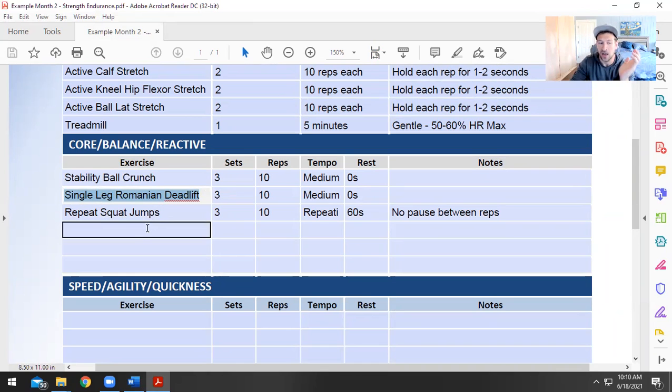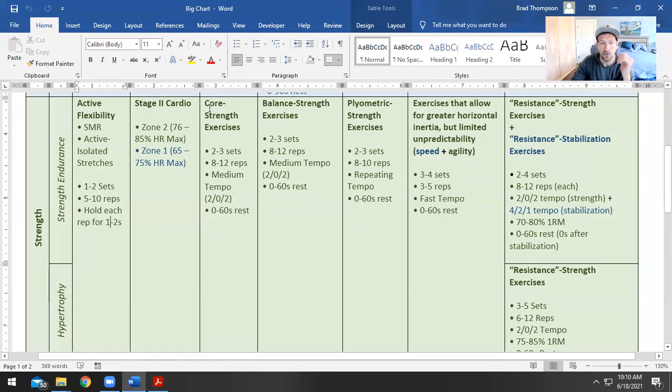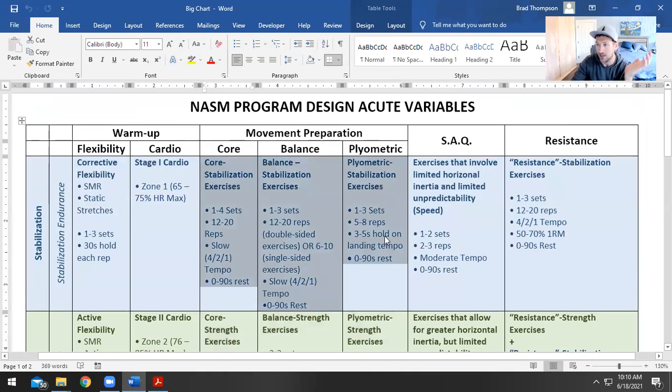Rather than doing a squat jump to stabilization, which didn't move after I land, now I'm doing repeated squat jumps, which does move after I land. So I am choosing core strength, balance strength, and plyometric strength. Just slightly different versions of the same concepts from before.